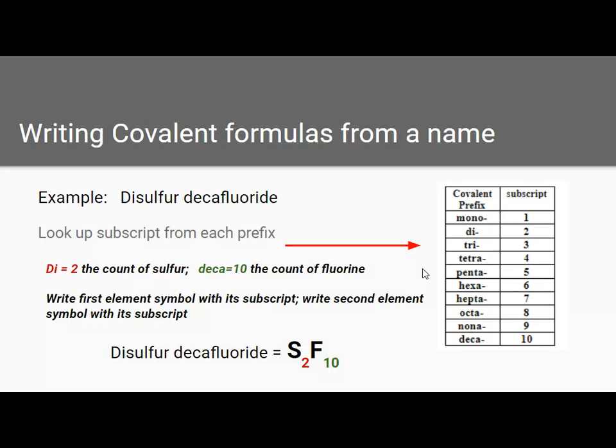So disulfur decafluoride would be S2F10, where the di indicates the subscript that goes on sulfur and the deca indicates the subscript that goes on fluorine. It's a very simple process, and you are not required to memorize any of the covalent prefixes. You simply will be able to reference them.